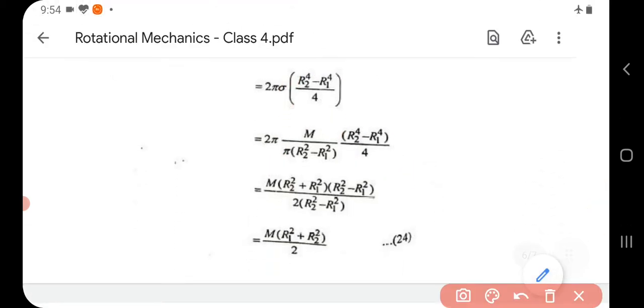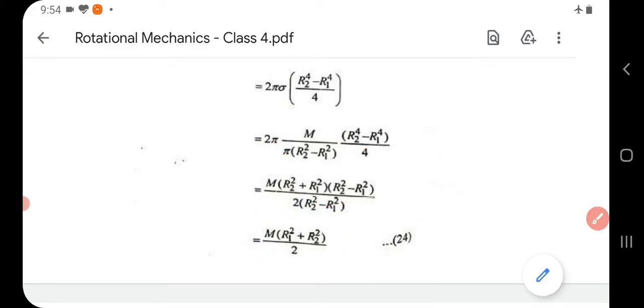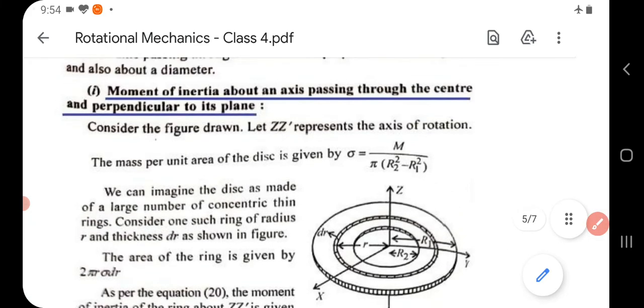Here pi and pi get cancelled, 2 by 4 will become 1 by 2. Here r2 raised to 4 minus r1 raised to 4 can be written as r2 square plus r1 square into r2 square minus r1 square. Denominator is kept as such. On simplification, your answer will reduce to m into r1 square plus r2 square by 2. This is the moment of inertia of the annular disk about an axis passing through the center.